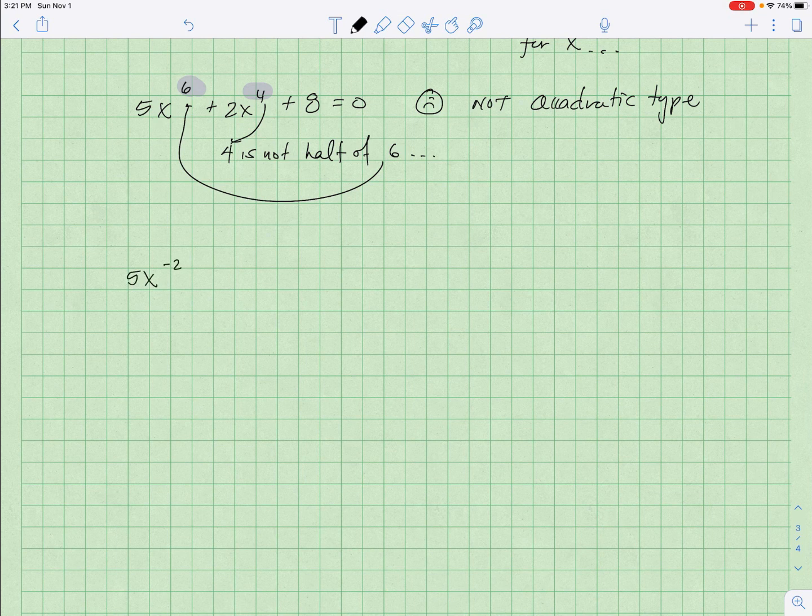5x to the negative 2 plus 2x to the negative 1 plus 8 equals 0. This is quadratic type. We can use this technique, and in this case, u would equal that middle power, x to the negative 1, because negative 1 is half of negative 2.